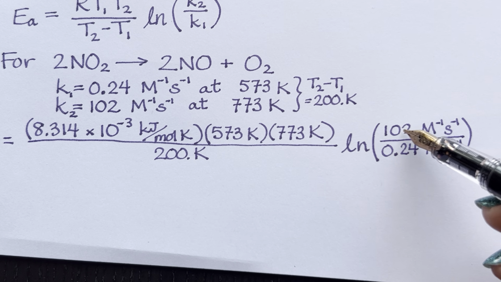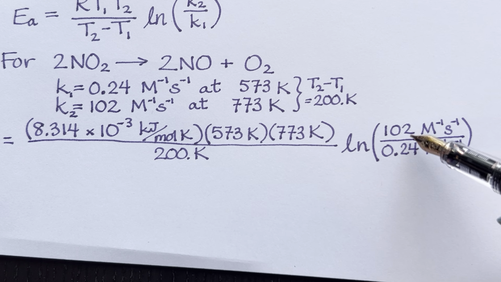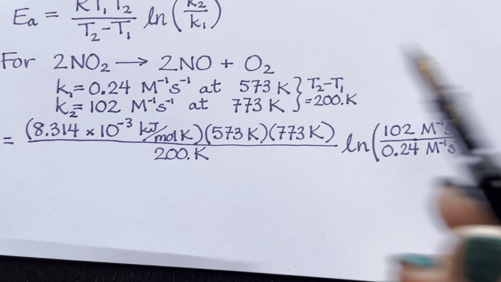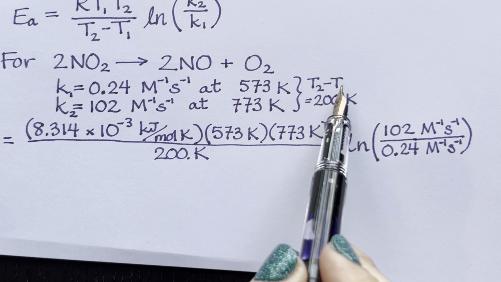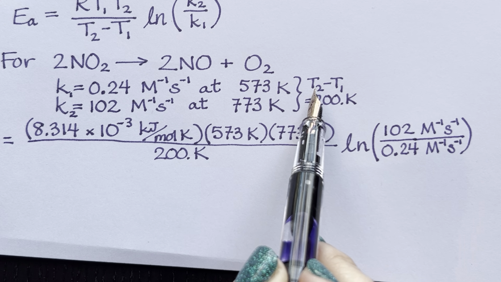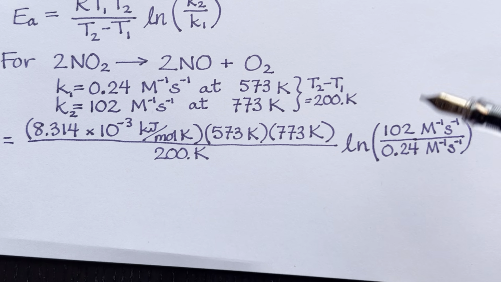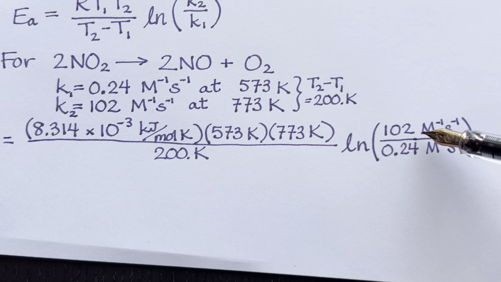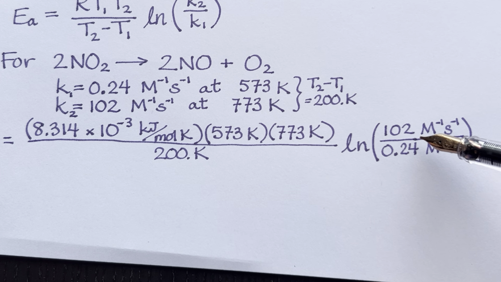Okay, natural log of, see this ratio? This is going to end up being greater than 1. Natural log of a number greater than 1 is a positive value. This here is a positive value. If we were to reverse and say T1 minus T2 is minus 200, we'd have a negative there. These would be inverted. Then this would be a fractional number. Natural log of a fractional number is negative.